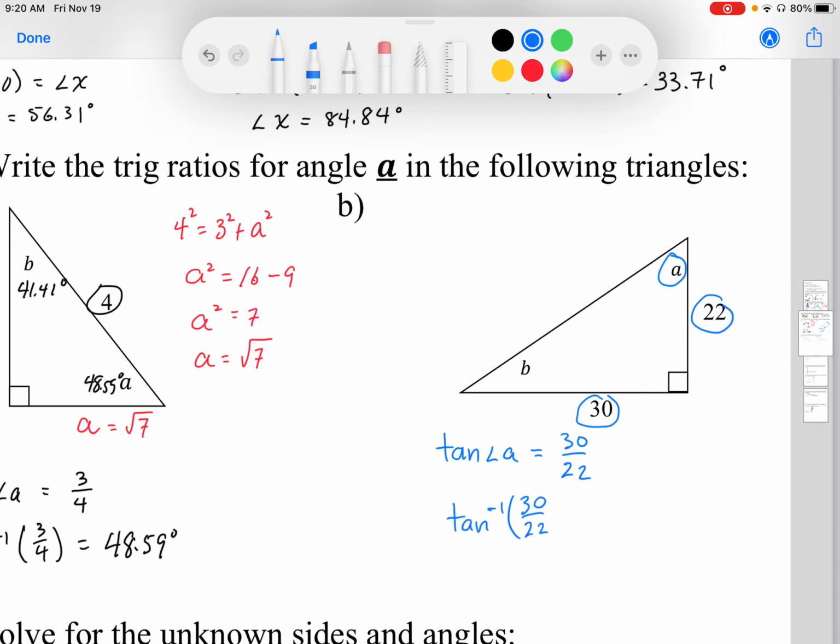So giving the shape of 30 over 22 as my slope, my calculator will figure out angle A for me. So inverse tan of 30 divided by 22 gives me 53.746, so 75 degrees. So angle A is 53.75 degrees.